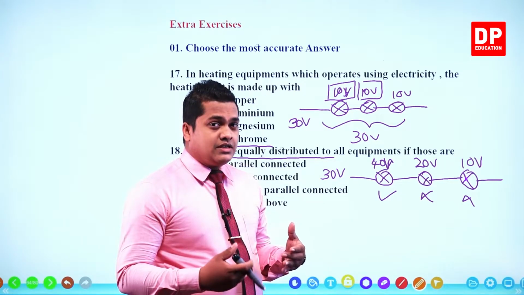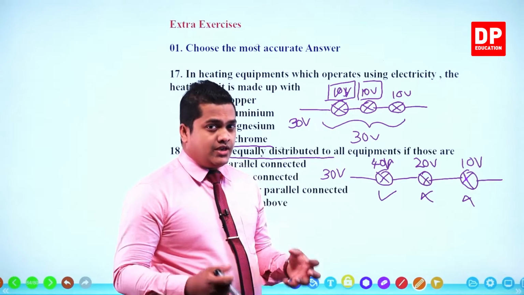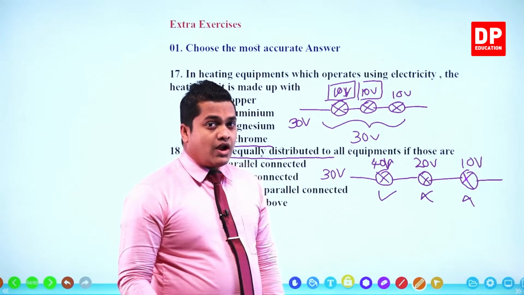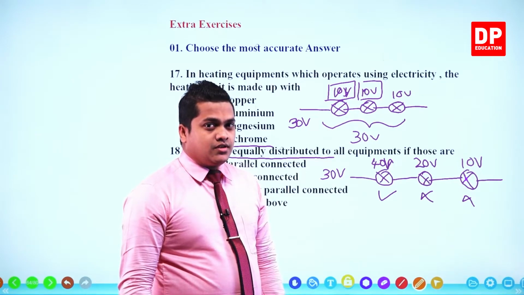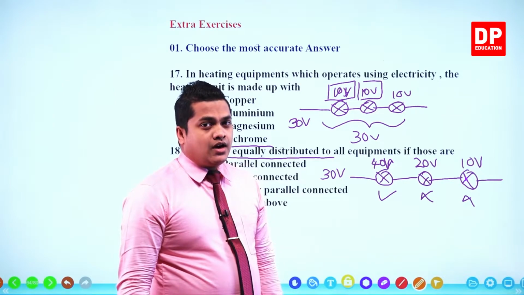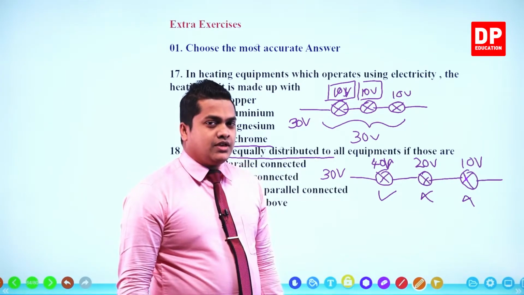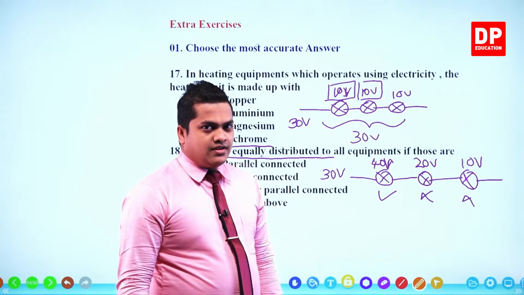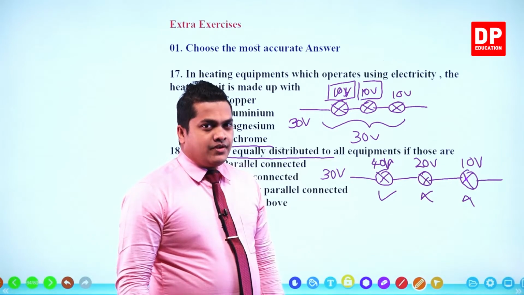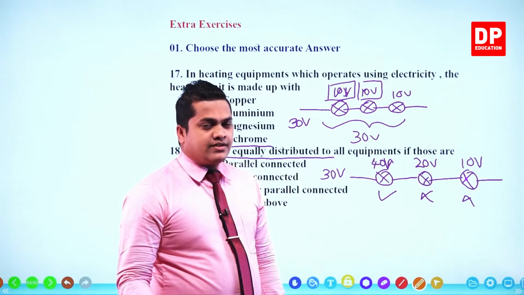See my dear children, these MCQ questions are very tricky. You have to think and answer very tricky questions, right? Most of you would think that this is a series connection, because in a series connection, like in the earlier case we discussed, when you connect bulbs, the electricity is getting divided.